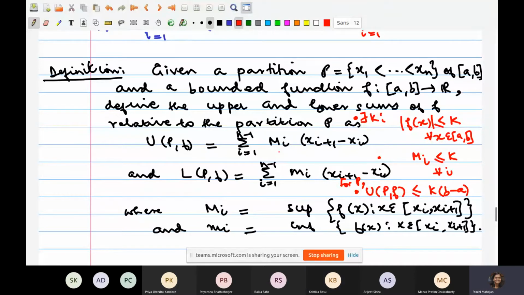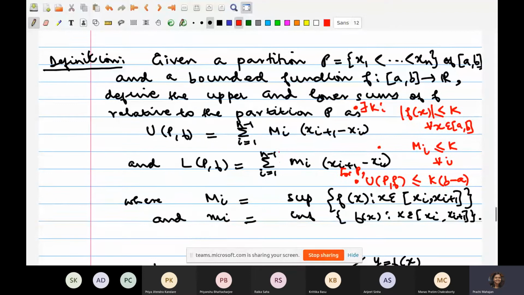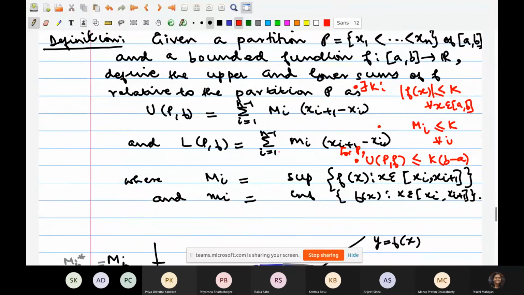A similar statement is true about the lower sums also. So that is the reason that the infimum and the supremum make sense. It is very crucial that the function that we start off with is bounded. All of that is built into these definitions.